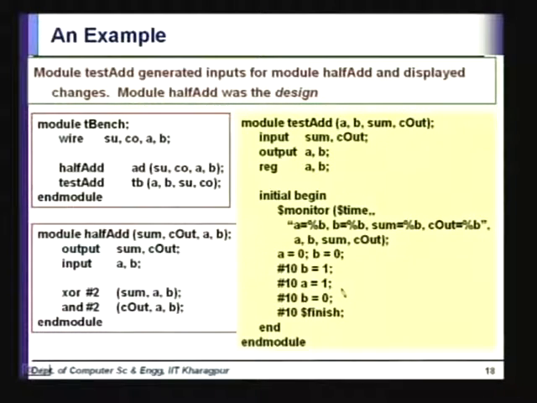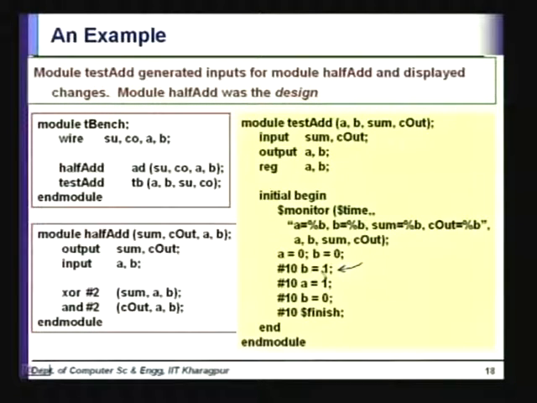So these are different test scenarios that you are doing. So you first tested with A equal to 0, B equal to 0. Then you are testing with A equal to 0, B equal to 1. Then you are testing with A equal to 1, B equal to 1. Why? Because see, these are registers. So after 10 units of time, the value of A is still held at 0 at this point of time.